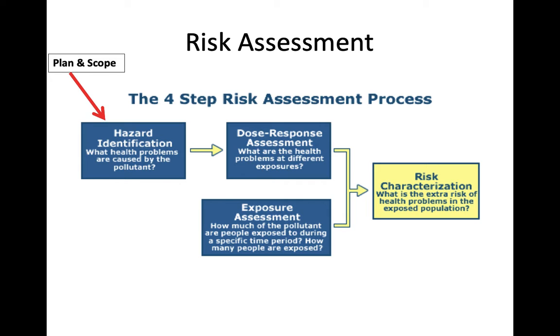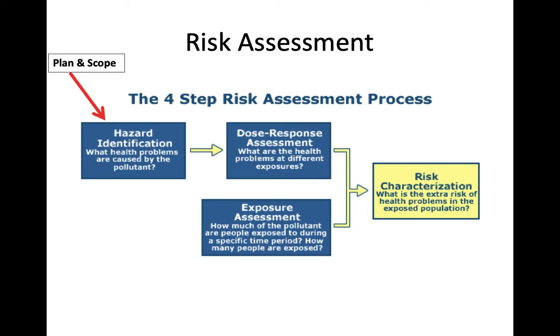Risk assessment starts off with planning and scoping of the hazard identification, what the health problems caused are. If it's a pollutant or another exposure, then there's a dose response assessment: what are the health problems at different exposures?